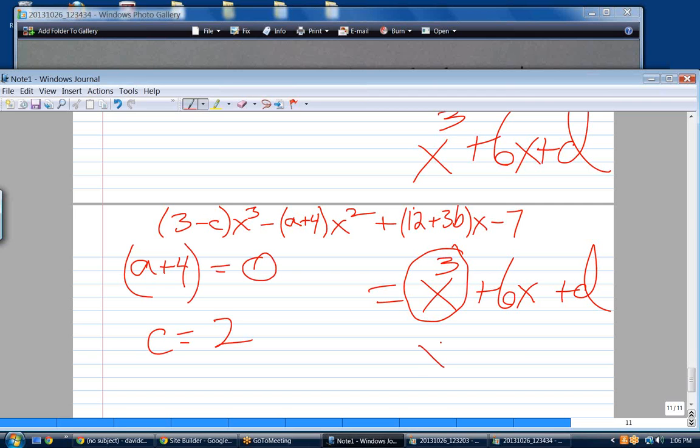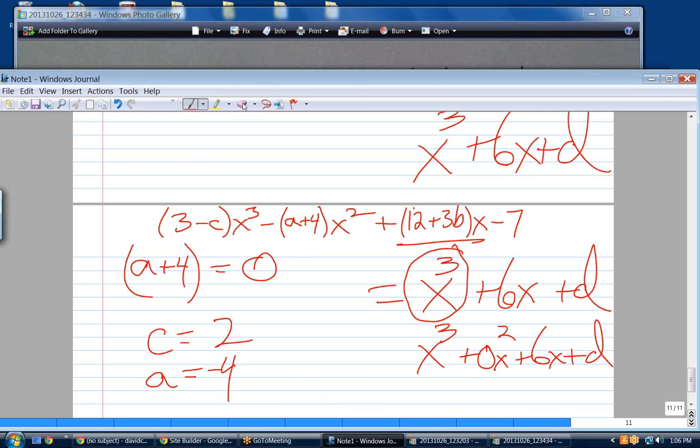I could write this as x cubed plus 0x squared plus 6x plus d. So we have to make a plus 4 equal 0. That makes a negative 4. And now the x coefficient.